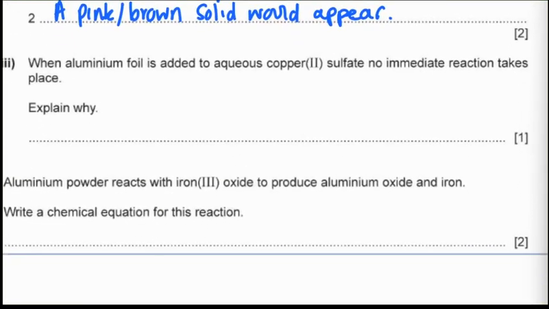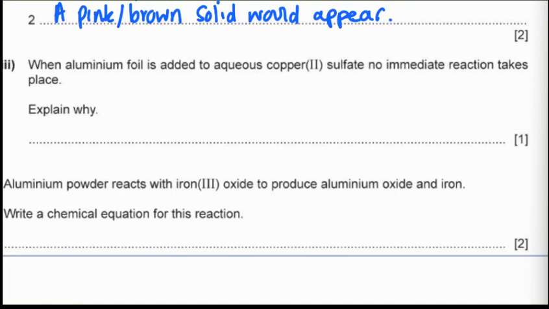When aluminium foil is added to aqueous copper sulfate, no immediate reaction takes place. Well, we know because it's told us in the question above that aluminium is more reactive than the copper in the aqueous copper sulfate. So technically, it should start that displacement reaction in the same way.